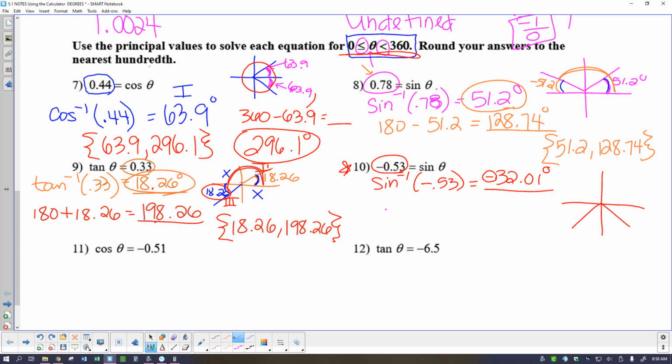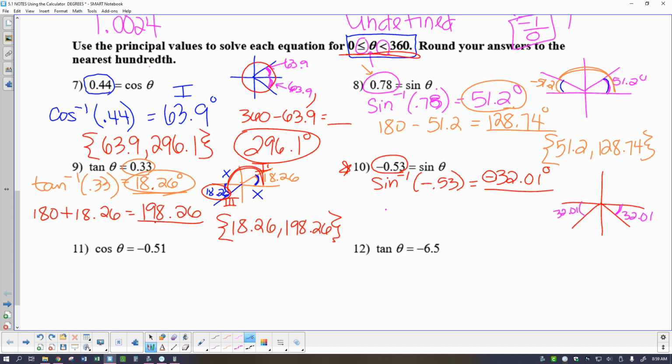Now, if I drew the angle negative 32.01, wouldn't that be here? So 32.01, I'm just going to write it as a regular positive angle. That's the same as this guy, right? Not sure why I said vertical angles for some reason. Scratch that. So this would be 32.01. And think about the angles that we want. Maybe you can do this in your head.